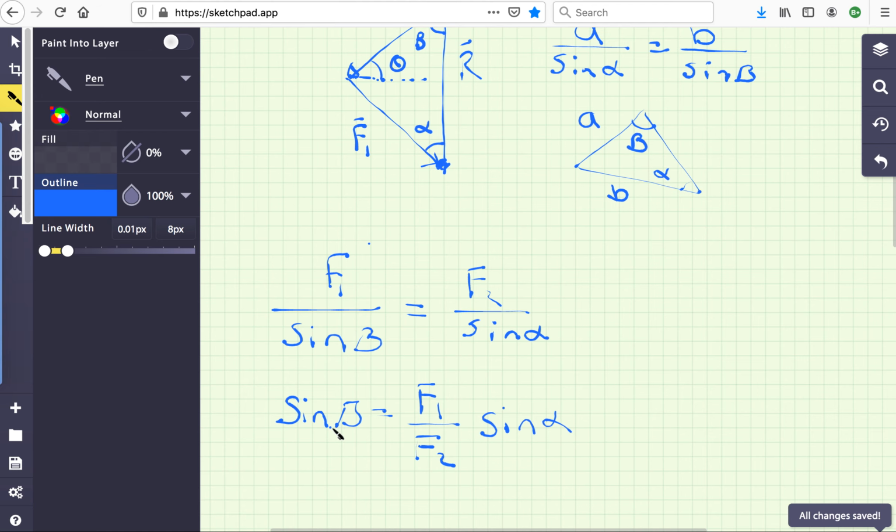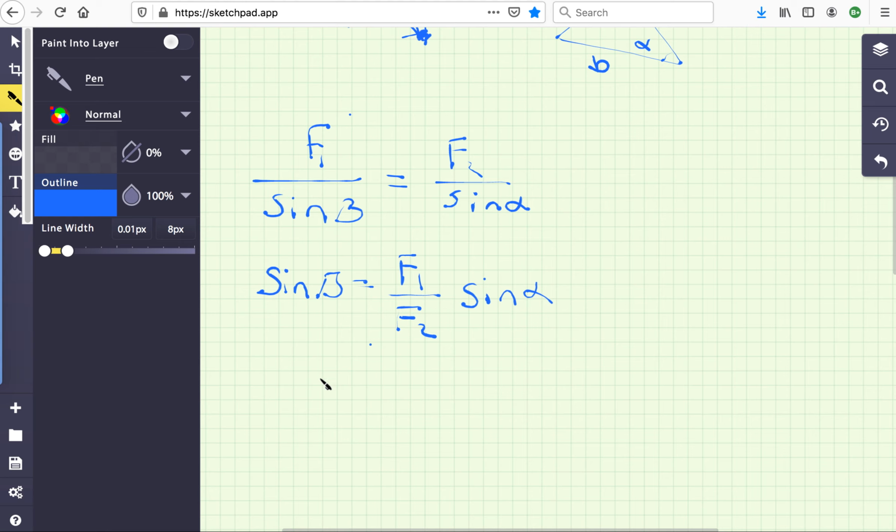Further down the road, we can say that beta is equal to the arc sine of F1 over F2 times the sine of alpha.